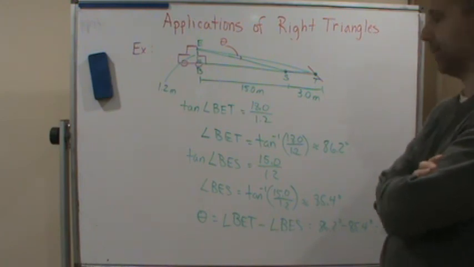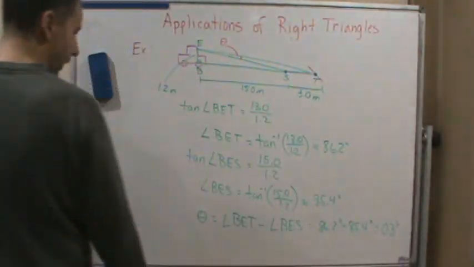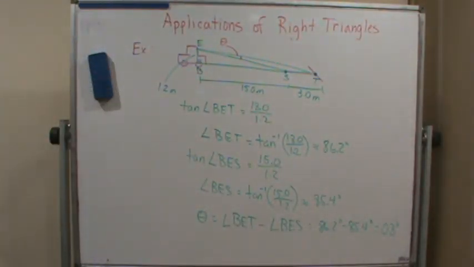No, never mind, I take that back. Nope, this is the only way to do it. I was thinking about transversals again, but in this case, no. So this is the easiest, straightforward way to do it.